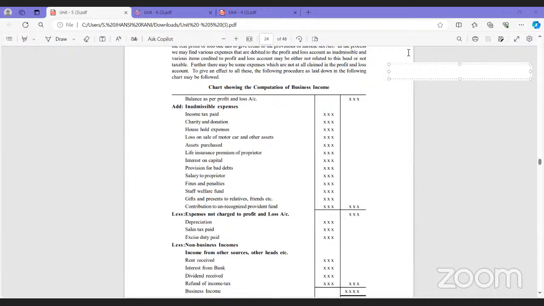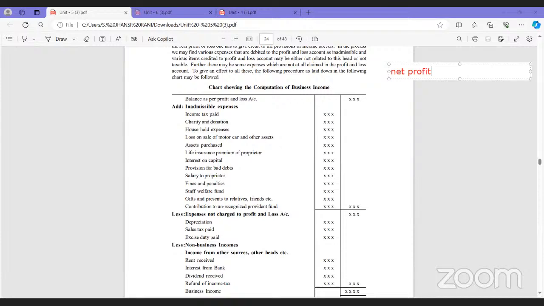We start our solution with the net profit that comes in the profit and loss account. Already it will be given. So we will segregate business and non-business. We take into consideration only business expenses or business incomes. Others will be removed. How do we remove?